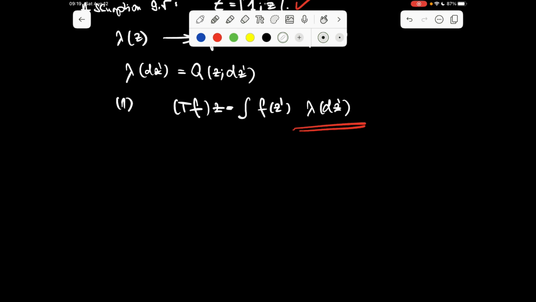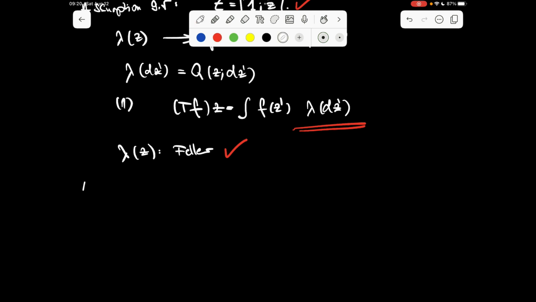So the probability measure we have has the Feller property, and this assumption is satisfied.